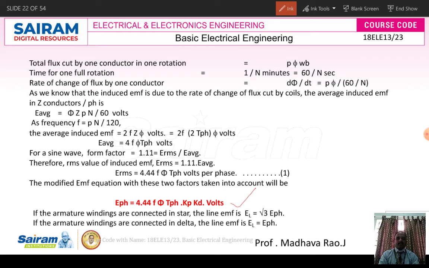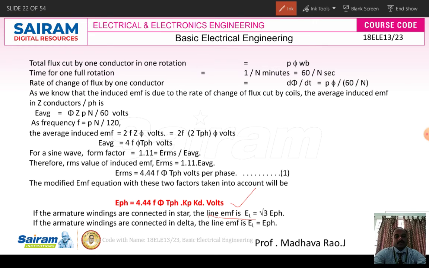Suppose the alternator is star connected. If the armature windings are connected in star, the line EMF EL is equal to root 3 times EPH. This is a relation we have already discussed in the second module on 3-phase circuits, where we discussed star and delta connection relations.